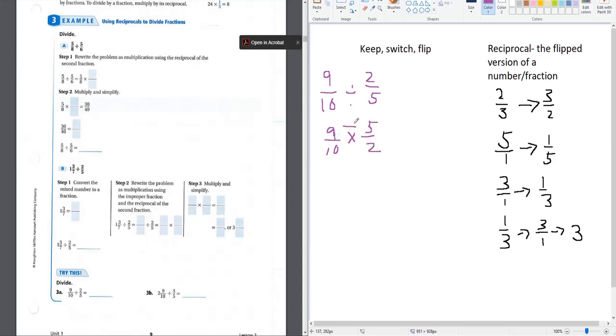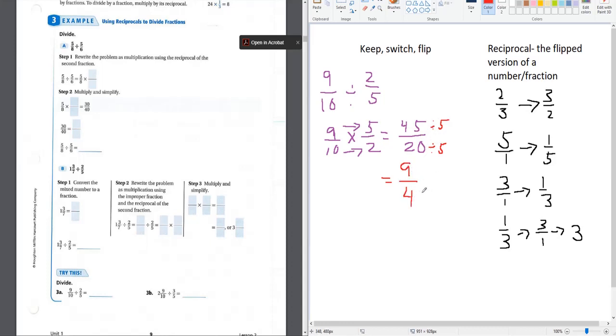And now we just multiply across. 9 times 5 is 45. And 10 times 2 is 20. Now here's the hard part. Now you got to figure out, okay, what's something I can divide both the top and the bottom by? Well, in this case, I can divide both of them by 5. So 45 divided by 5 is 9. 20 divided by 5 is 4.